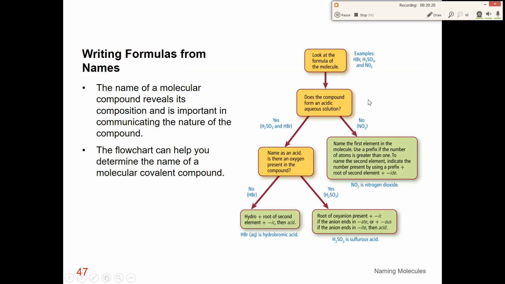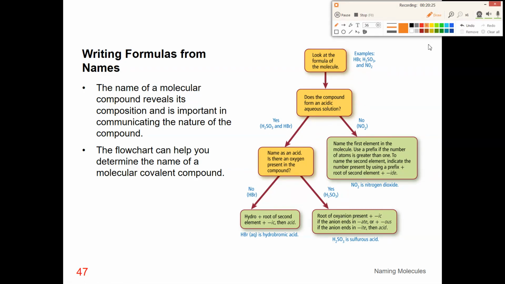Right, here is a summary flow chart for how to name covalent compounds. We start by looking at the formula. Is it an acid or not?